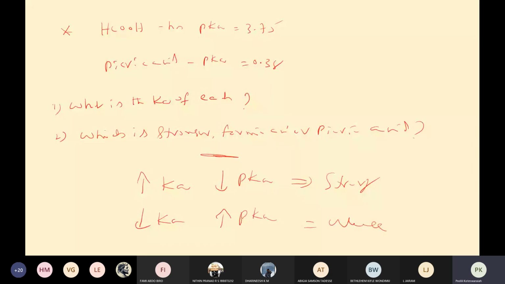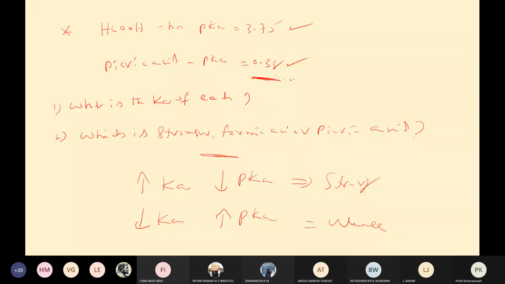So here it is 3.75 and 0.38. Picric acid has a pKa value of 0.38, and the pKa of formic acid is 3.75. Obviously, the pKa is smaller, so therefore it is stronger. Picric acid is a stronger acid compared to formic acid. So this is the other way you need to understand this numerical.